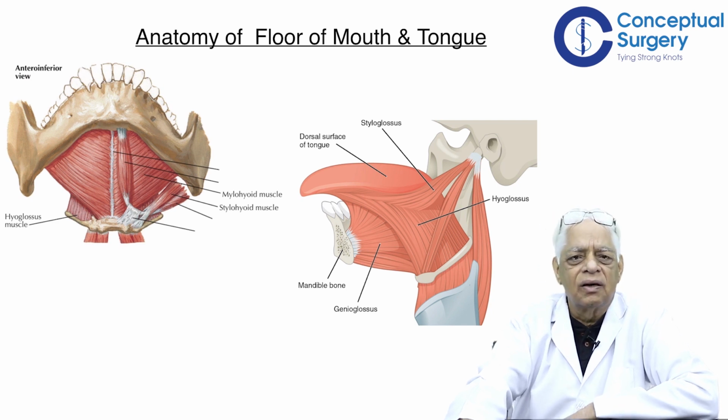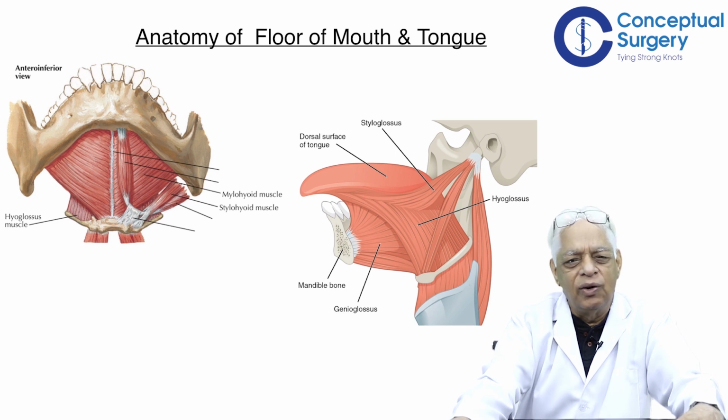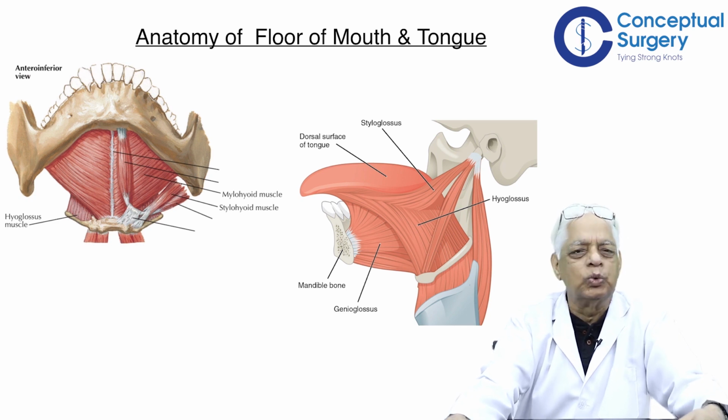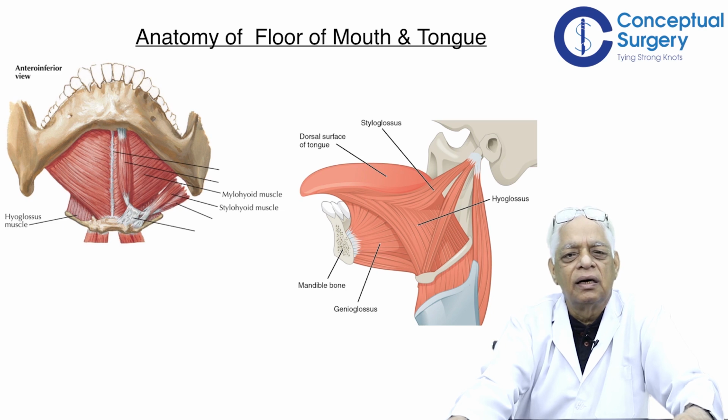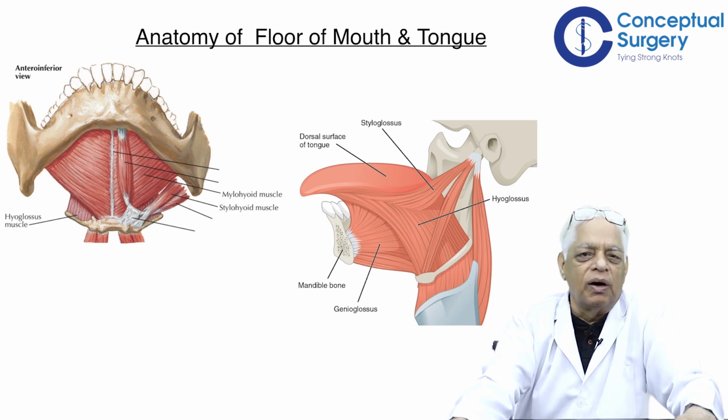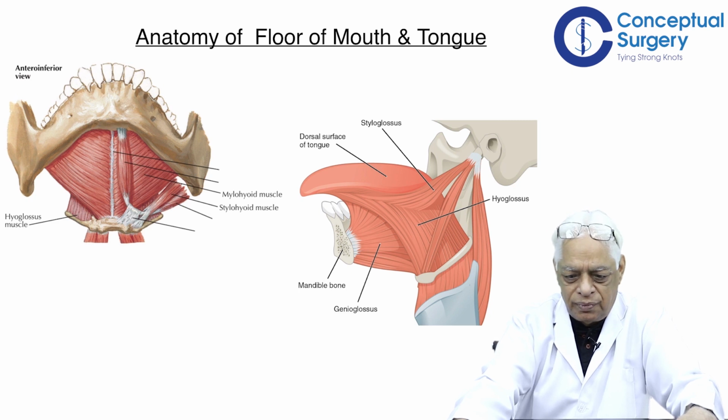Regarding oral cavity also, I'll only limit myself to the relevant anatomy pertaining to these cases like ranula, dermoid, especially in the floor of the mouth or in the suprahyoid region.